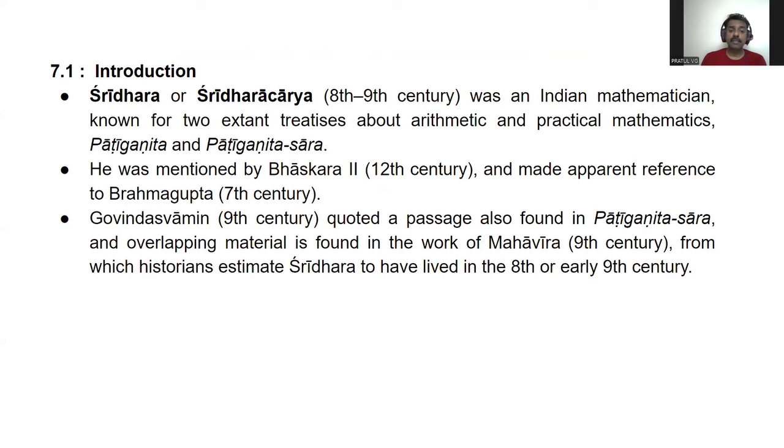He was mentioned by Bhaskara too and made apparent reference to Brahmagupta. Govindaswamin quoted a passage also found in Patiganita Sara, and overlapping material is found in the work of Mahavira, from which historians estimate that Sridhara lived in the 8th or the 9th century.